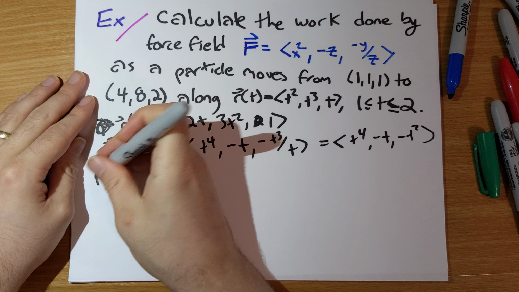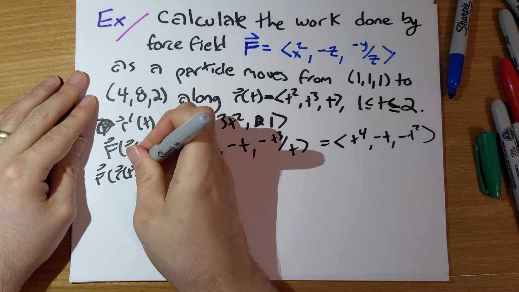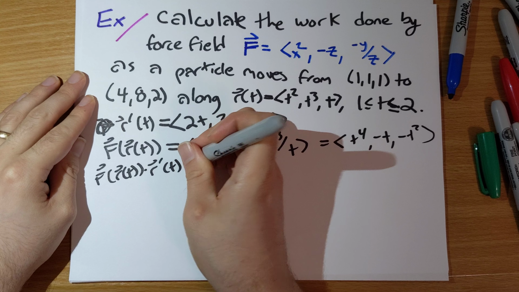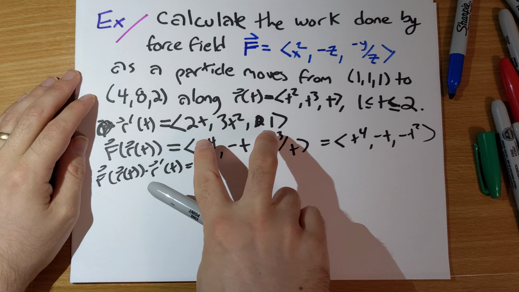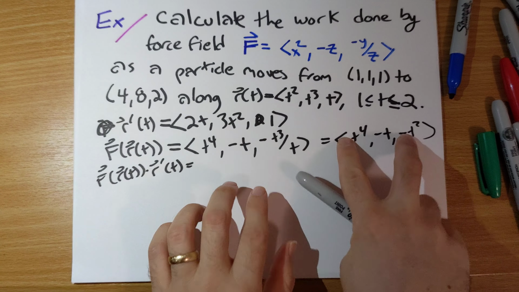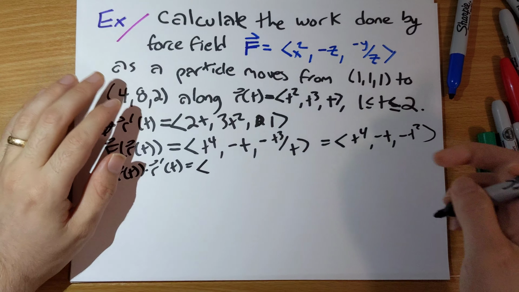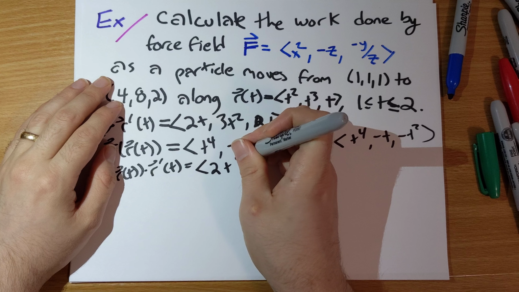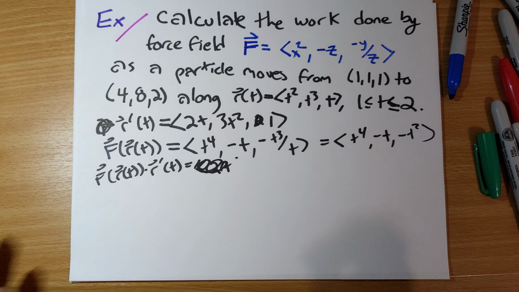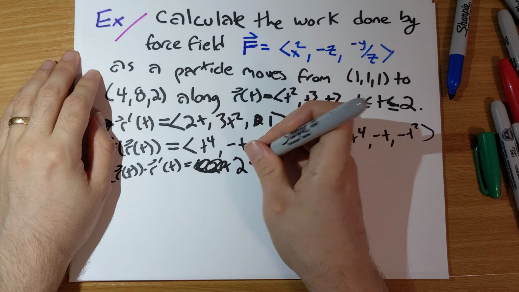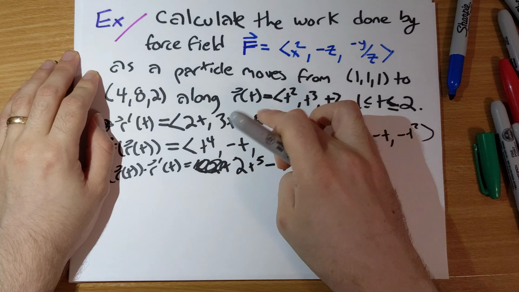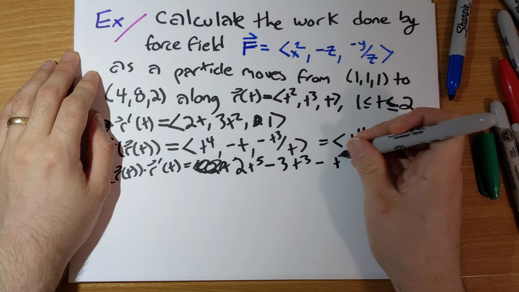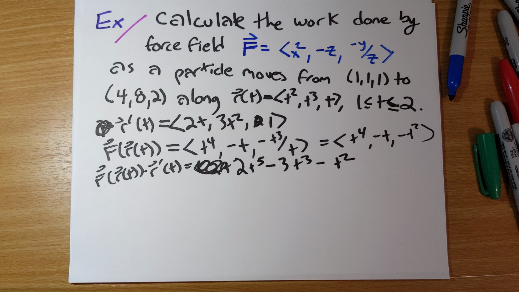We need the dot product of F of r(t) with r'(t). So this dotted with this, and we end up with 2t to the 5th minus 3t cubed minus t squared. The dot product is not a vector.